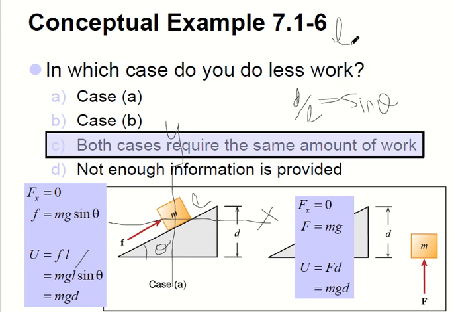Therefore, L is d divided by sine theta. That's your algebra, and that's where we plug it in here, d by sine theta. So sine theta is cancelled with this mg sine theta for F, and you will end up getting mgd. Okay?